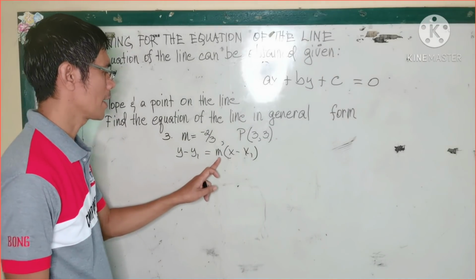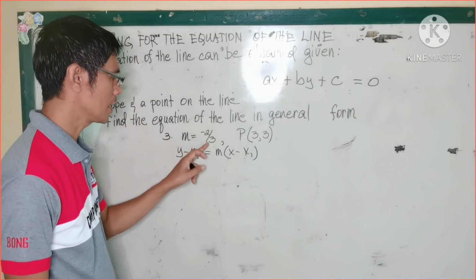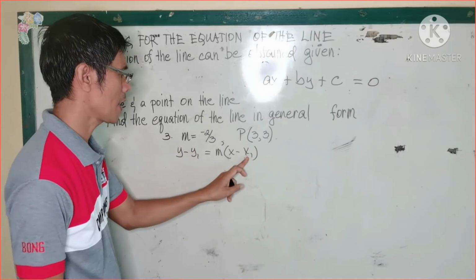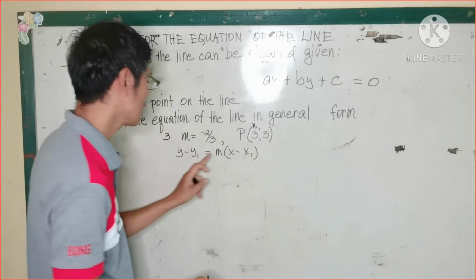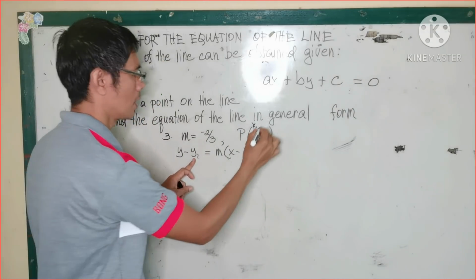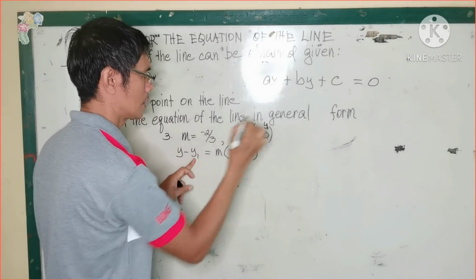Of course, our m will be negative 2 over 3, and the value of x sub 1 is 3, and the value of our y sub 1 is also 3.